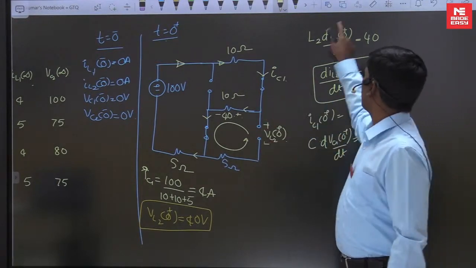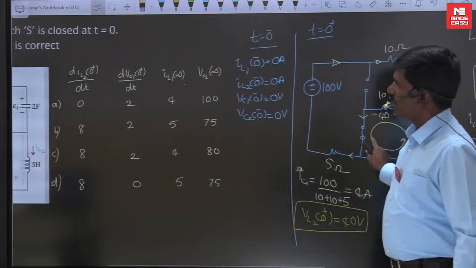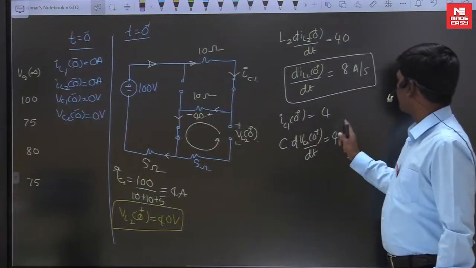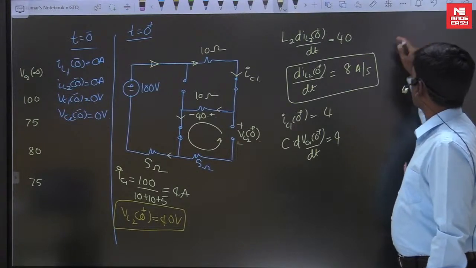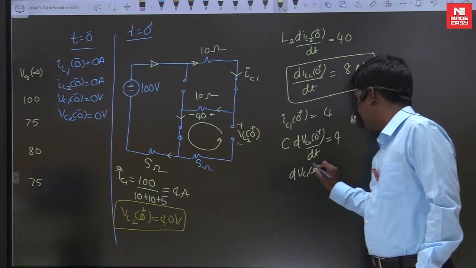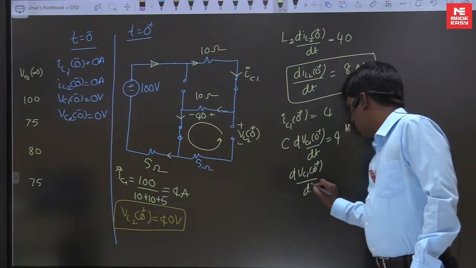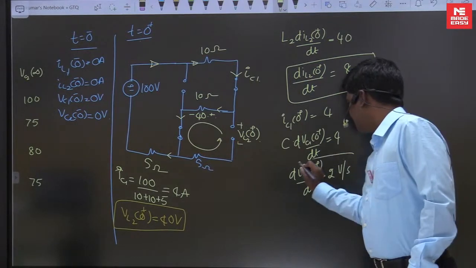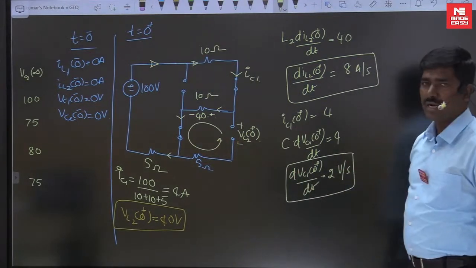The value of C is 2 farads. So 4 by 2: dVC1 of 0 plus by dt is 2 volts per second. dVC1 by dt has come.